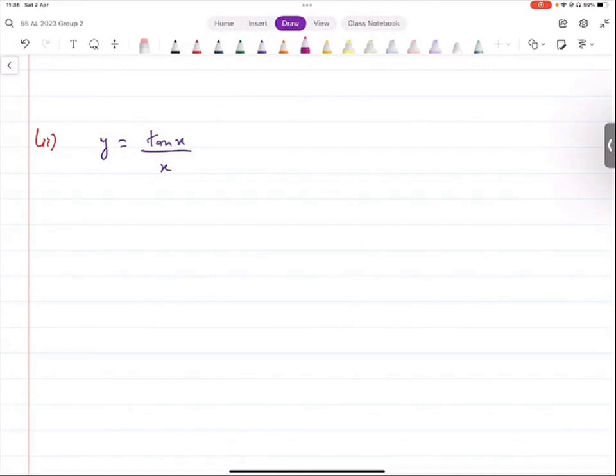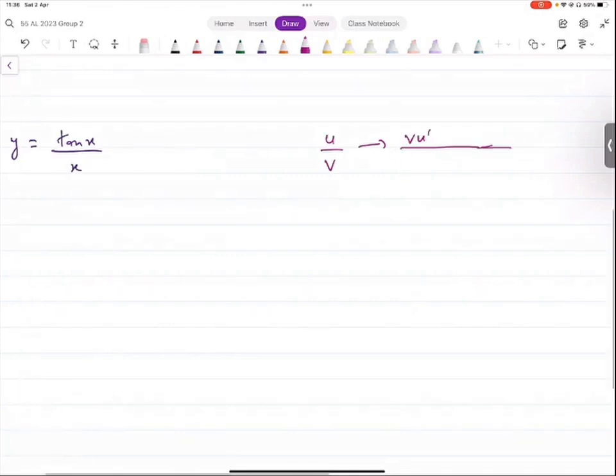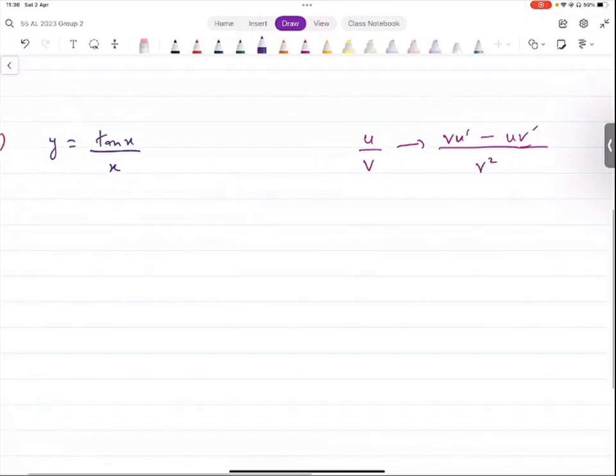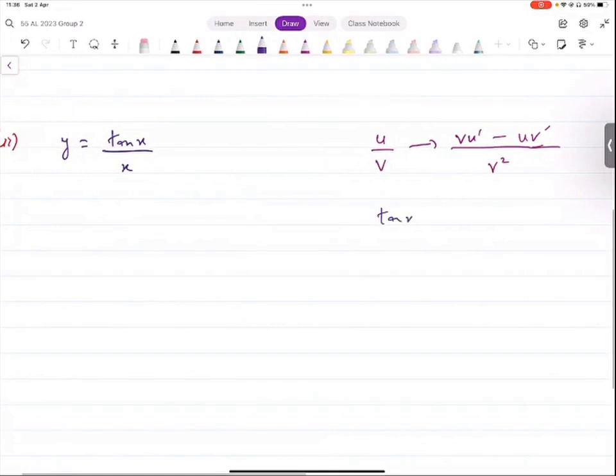Quotient rule क्या होता है? U over v becomes v u dash minus u v dash divided by v square. ठीक है? अच्छा, tan का डेरिवेटिव क्या होता है? Secant square x. Okay.